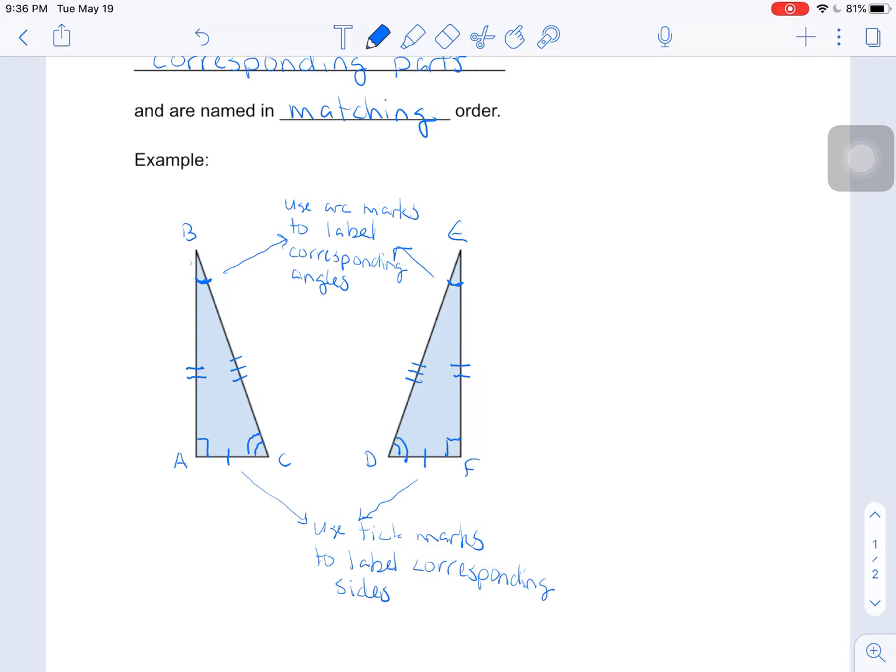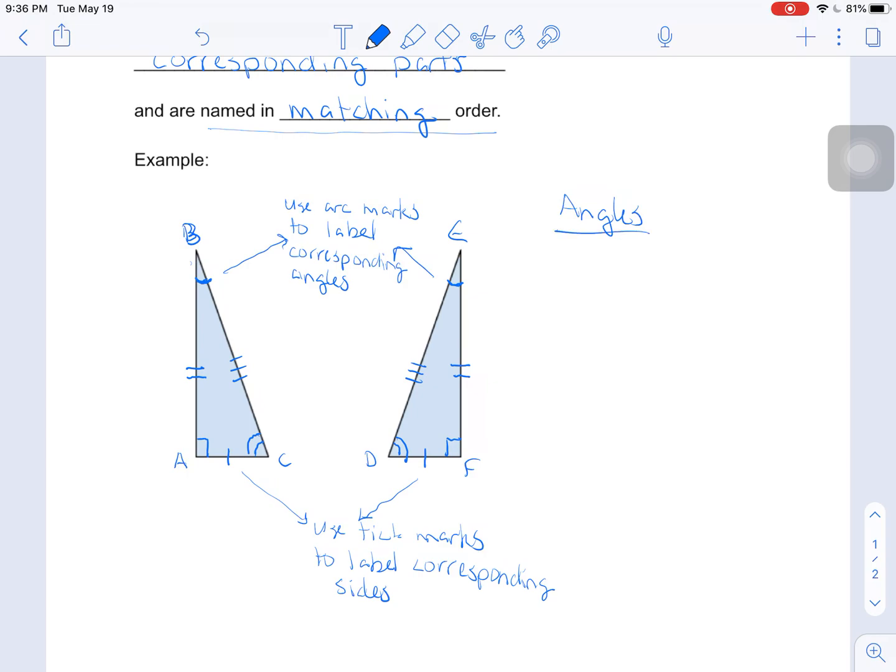And this is where the named and matching order part comes into play. We're working with triangles. Naming the angles is pretty easy because I can just use a single letter name for the angle. Since there's only 1 angle in each corner, it's not going to get confused with anything. So I can list out all of the corresponding angles.